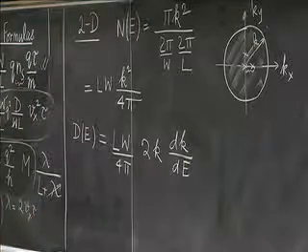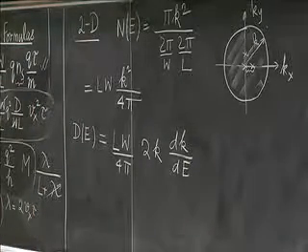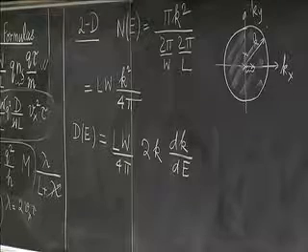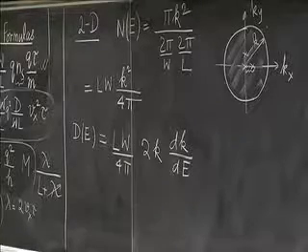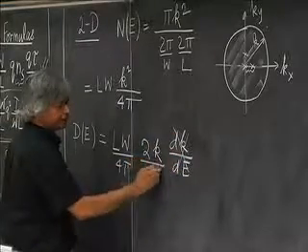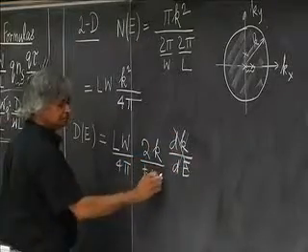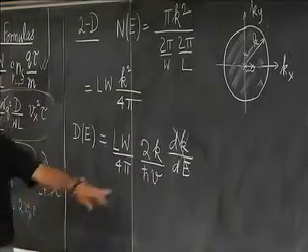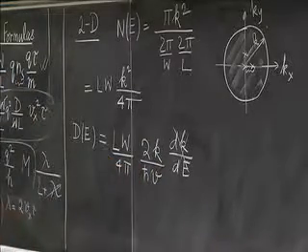Now at this stage usually you then invoke the E-k relationship, which I'm trying to avoid invoking, of course. So what I'll do instead is, for dk dE, I'll write 1 over h bar v. That way, that's general, that doesn't depend on E-k relationships.